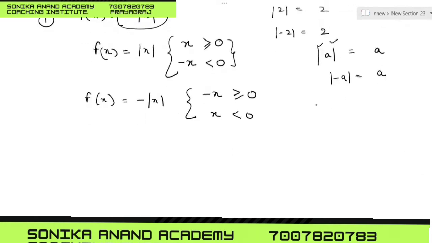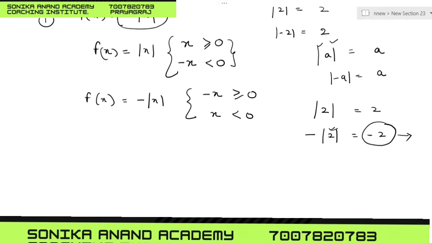See with the help of an example and try to understand. Listen, if we have a value 2, then its answer is 2. But if we put minus 2 like this, the minus should be there and the answer of mod 2 is 2. So we get minus 2. Clear?